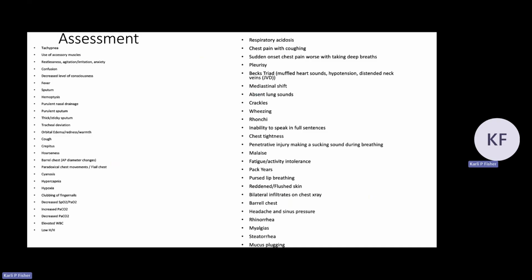So cyanosis is that bluish color that you get to the lips and skin, mucosal membranes. Hypercapnia refers to the excess of carbon dioxide in the blood. So that's like your COPD patients that retain that. Hypoxia is the lack of oxygen in the tissues.